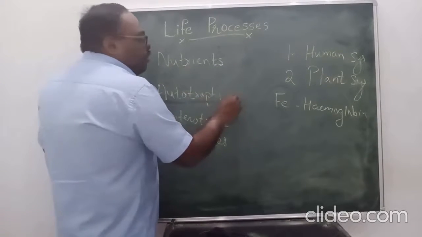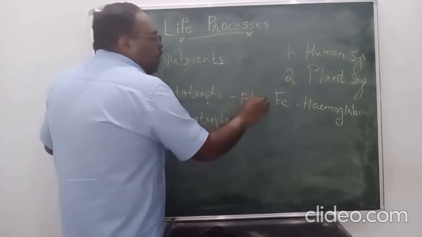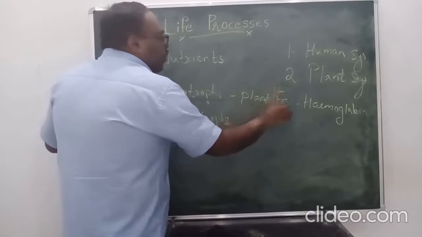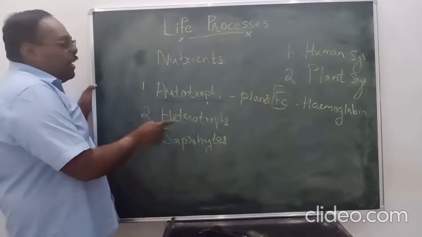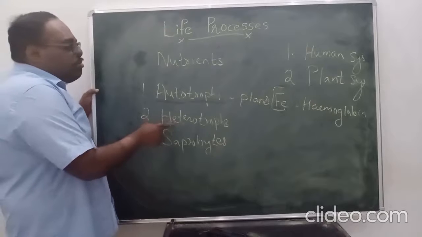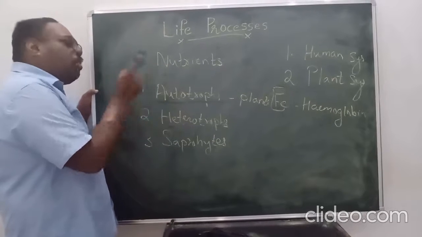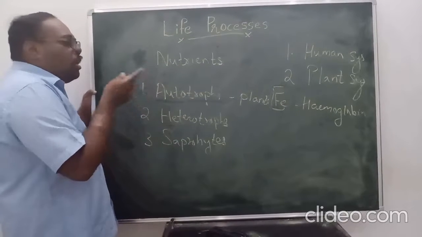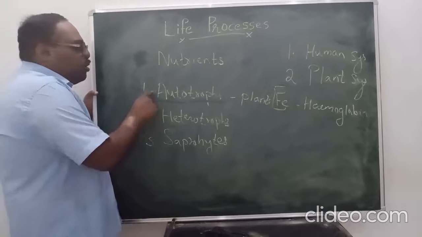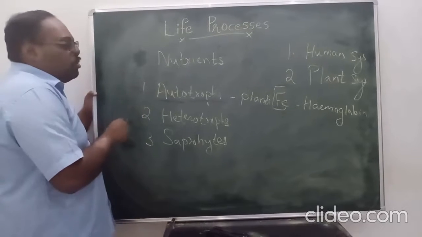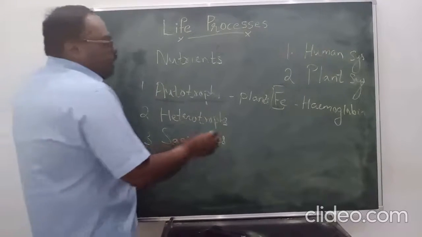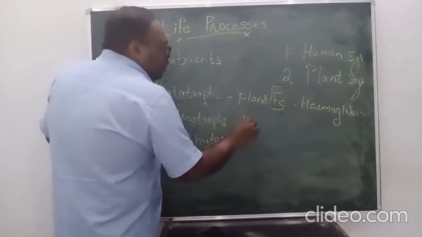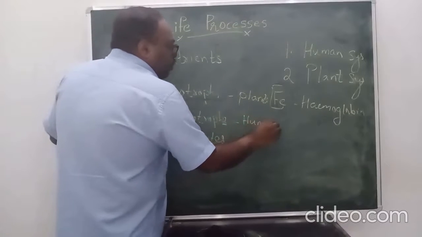The best example for this is our plants. Heterotrophs depend upon other organisms or other living forms, especially autotrophs, for their food. The best example for this is humans.